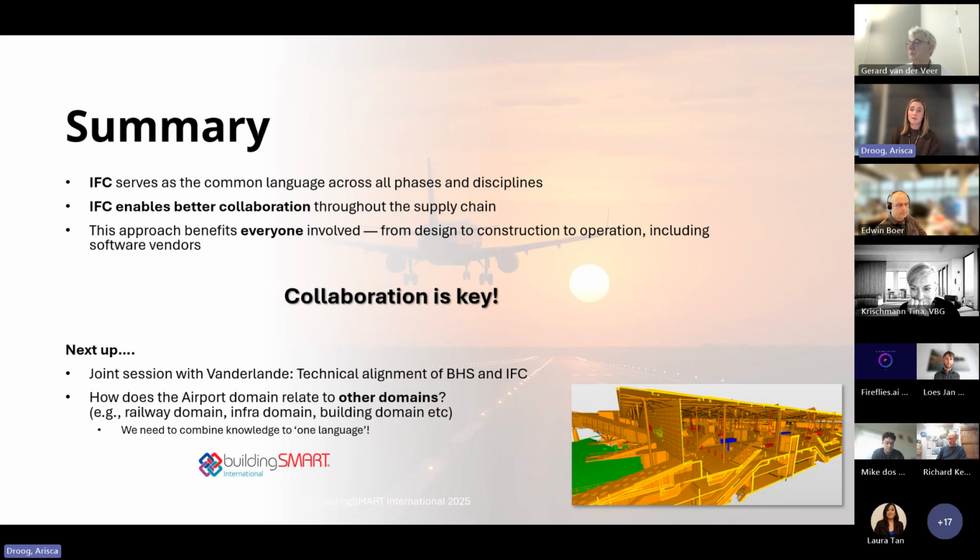So we need to agree on what we call those things that are relevant for both airports, but also for the other domains. Because I don't think it's up to us to come up with something and then another domain calling it something else. Well, if you go out and look at that thing, it's literally the same thing. So we need to combine that knowledge to one language.